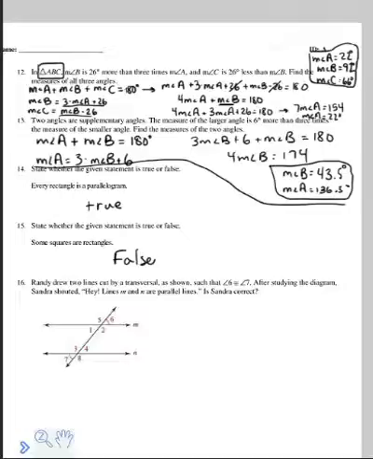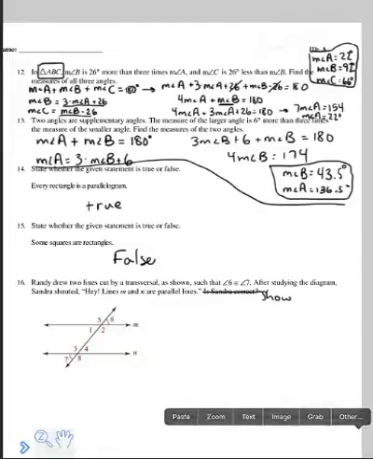Okay, Randy here drew 2 lines cut by a transversal, and it says here that the measure of angle 6 is congruent to the measure of angle 7. Those are alternate exterior angles. Sandra shouted, "Hey, lines M and N are parallel." I don't like this being just a yes or no question. It should read, show that Sandra is correct.